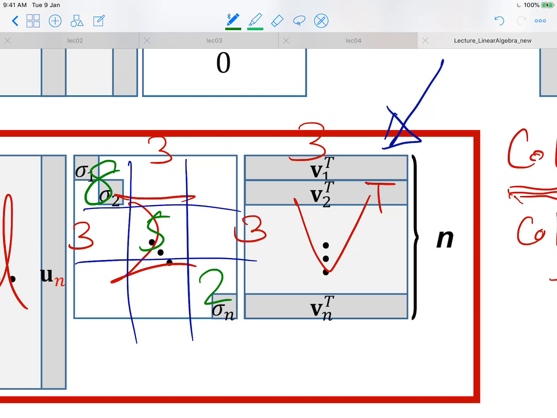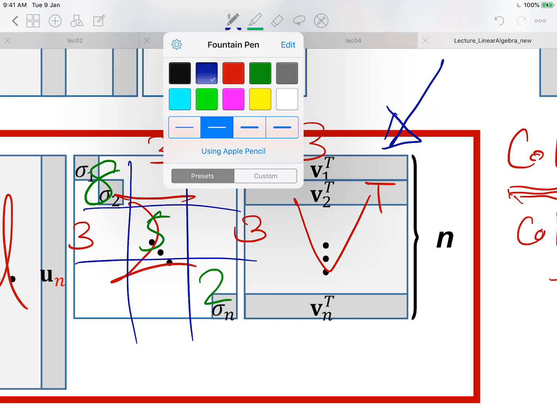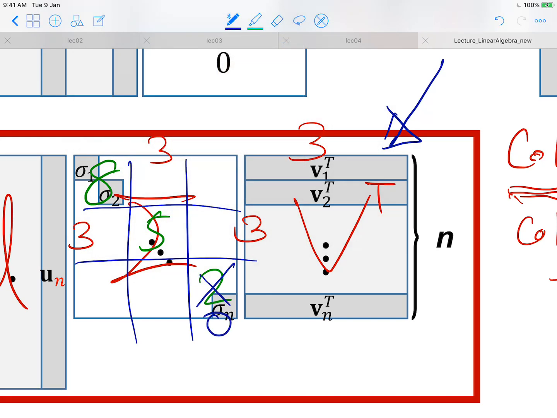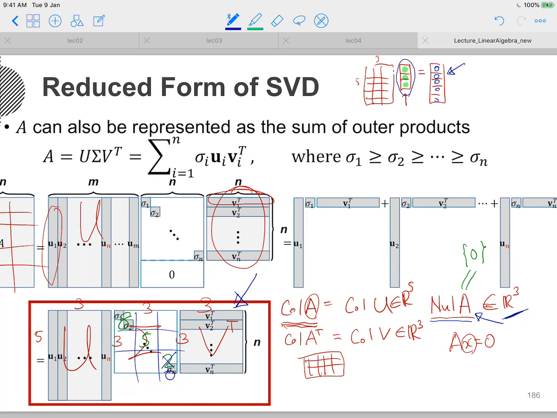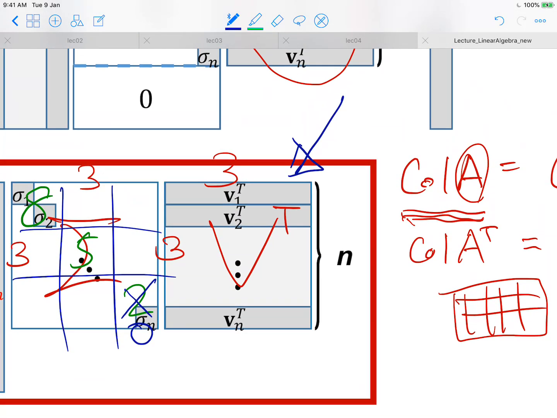If we have strictly fewer non-zero singular values than 3, for example 8, 5, and 0, then the orthonormal basis of the null space of A is the last vector, corresponding to that zero singular value.